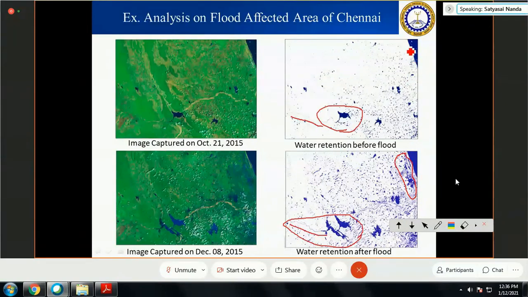So timely identification through this analysis can help evacuate people from these areas so that they can be saved from the floods. So that is the interpretation over here.